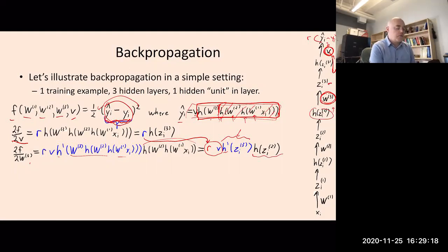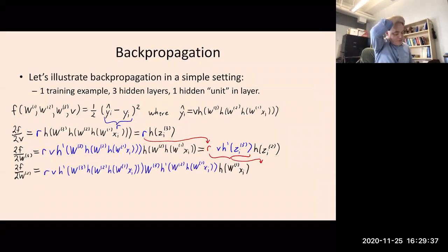So local to W, we have all the information we need in order to compute the partial derivative of the loss with respect to W, having already computed the stuff above it.